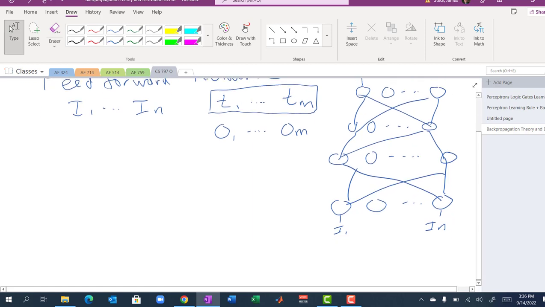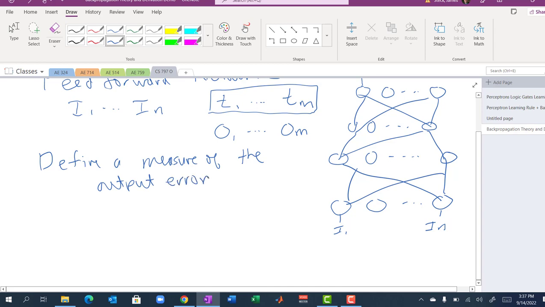So the first thing we do for this network is we define, for a given training pair of inputs, outputs, and targets, a measure of the error. And this is measured at the output. Sorry, it's how the targets differ from the actual network outputs that are calculated.